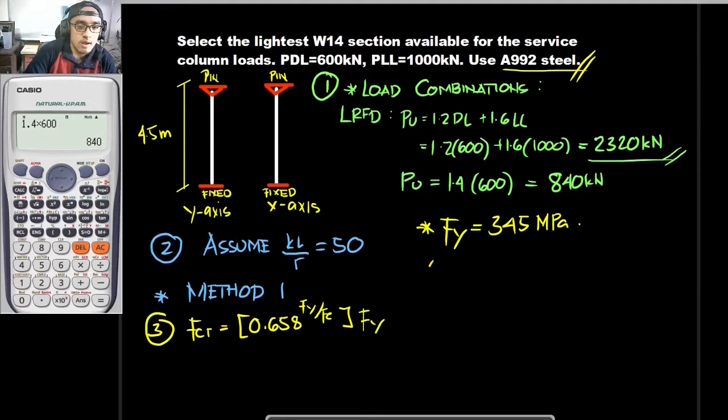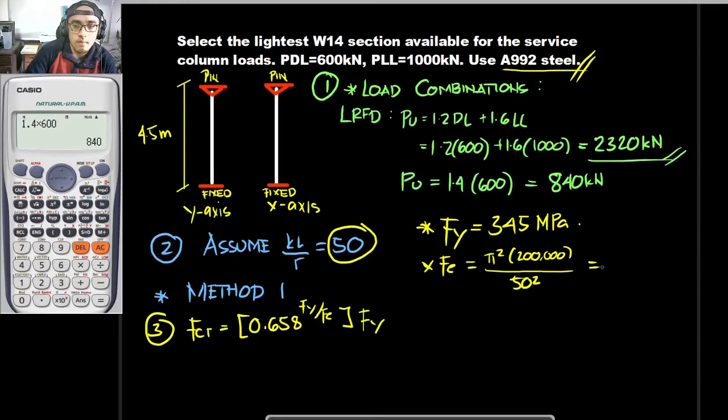And for our Fe, so our Fe is equal to pi squared times E, which ano ba yung E natin? That is to be 200,000 divided by slenderness ratio squared, and we have assumed our slenderness ratio to be 50. So 50 squared.